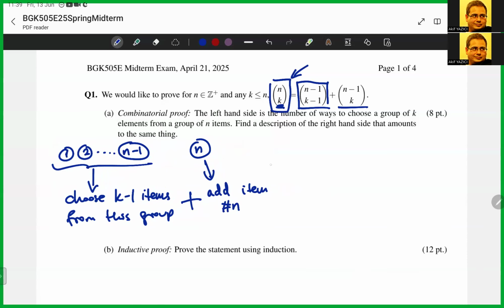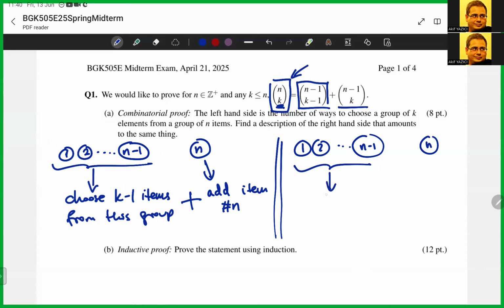And alternatively, again, from 1 up to n minus 1, and set aside n. Now from this group, here I had chosen k minus 1.